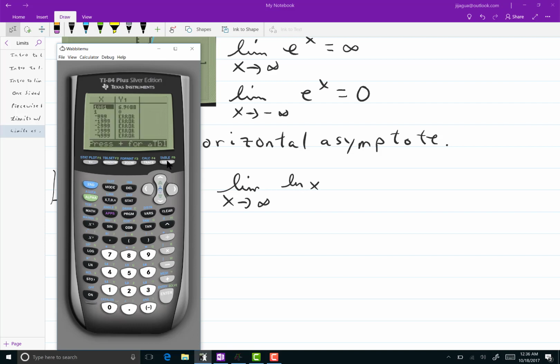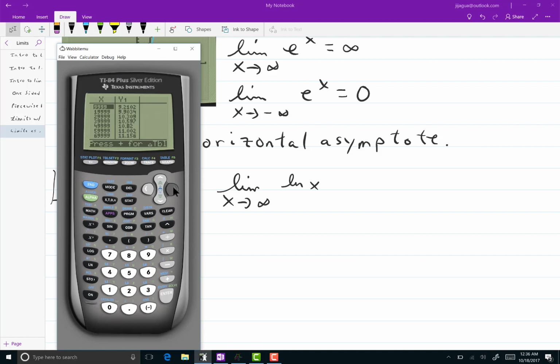So let me go into the table. I need to put in big positive numbers. So let's do like I did before. I'll put 9999 and I'll increment by 10,000. Okay, let's take a look at our table values now.